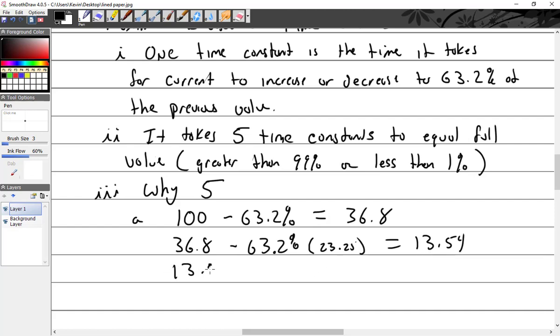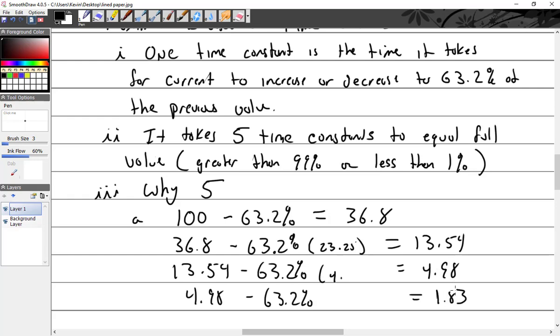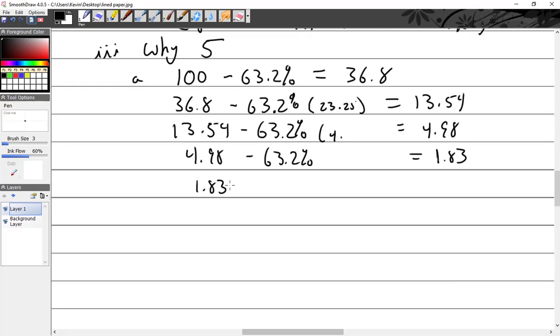If I have 13.54 and subtract 63.2%, I'm left with 4.98. If I have 4.98 and I subtract 63.2%, I'm left with 1.83. If I have 1.83 and I subtract 63.2% of that, I'm left with 0.67, which is less than 1.